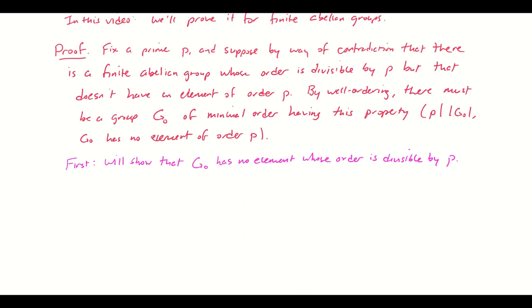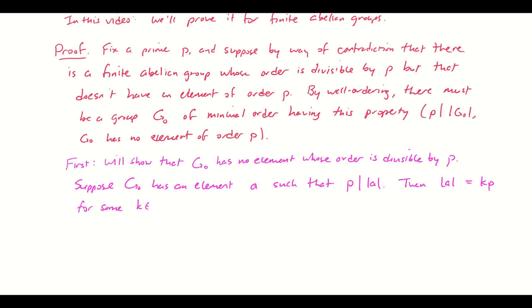Okay, so to show this, suppose G naught has an element a such that p divides the order of a. Well, then the order of a is equal to kp for some integer k, and not just any integer, but for some positive integer k. All right?